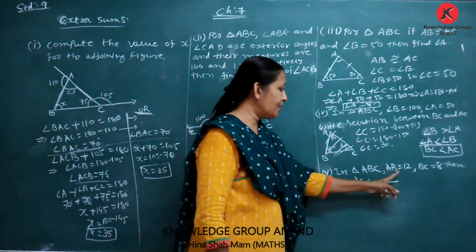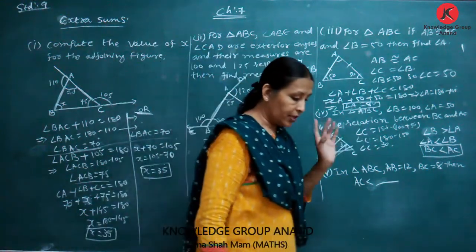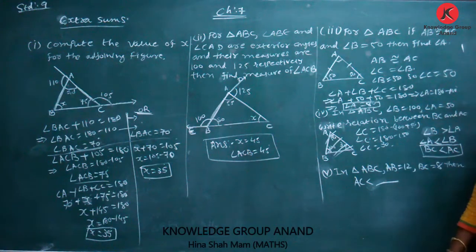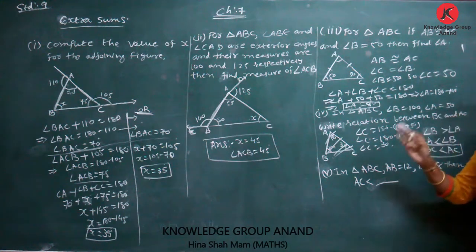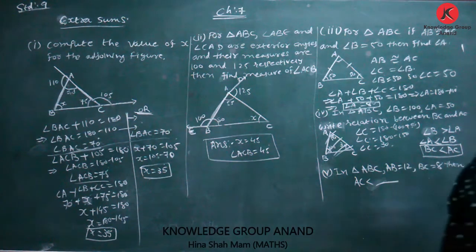In triangle ABC, AB is equal to 12, BC is equal to 8, then AC is less than what? Here the measures of the sides are given. We know the sum of two sides is always greater than the third side, and the difference of two sides is always less than the third side. Here we have two sides, AB and BC.